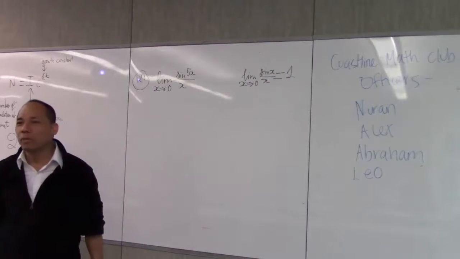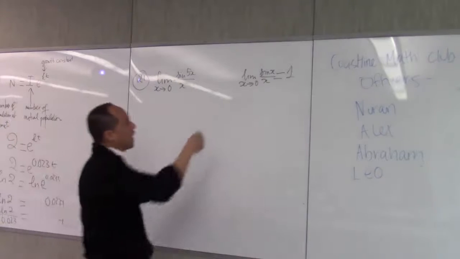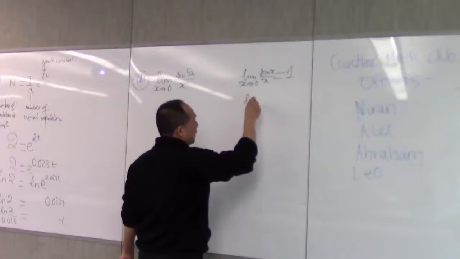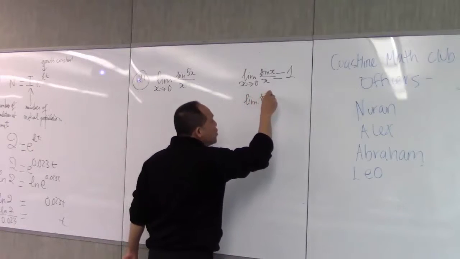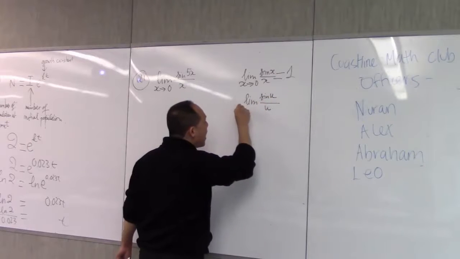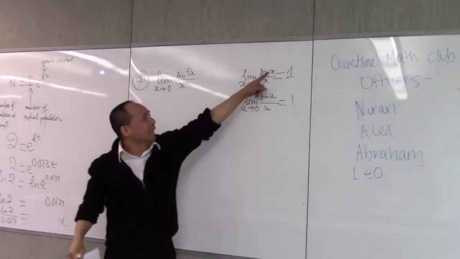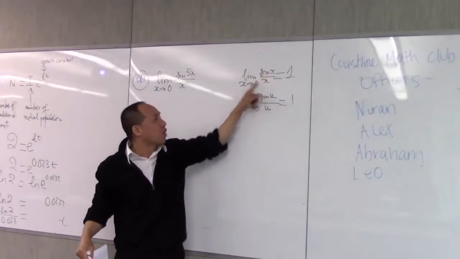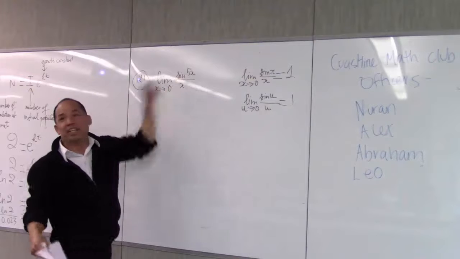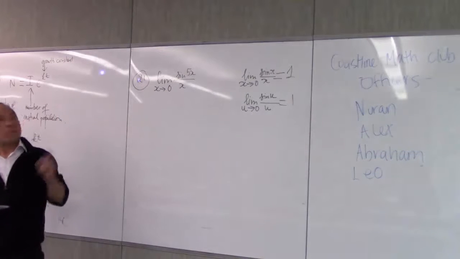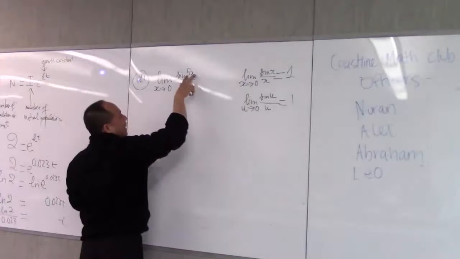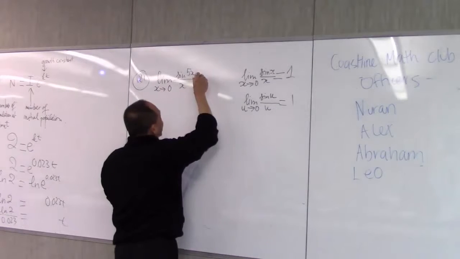We know only this formula. Or, the limit of sine of u over u as u approaches 0 is also 1, whether you say x or u. Now please change this value. Now this is pi x.